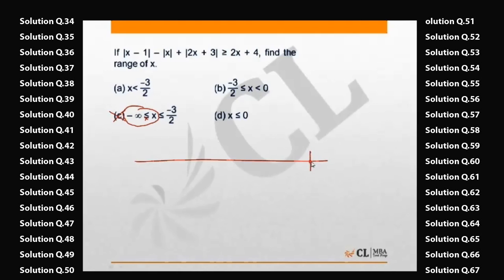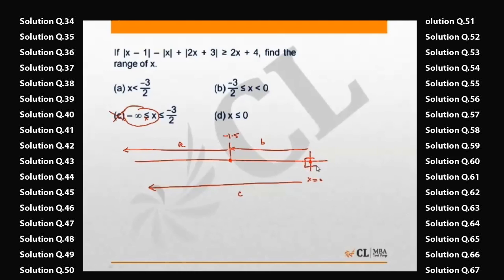Choice D is x is equal to 0 and all numbers to the left of x is equal to 0. Choice B is to the left of x is equal to 0 till x is equal to minus 1.5. So minus 1.5 is also included, whereas choice A is all numbers to the left of minus 1.5. This is A, this is B, and this is C.